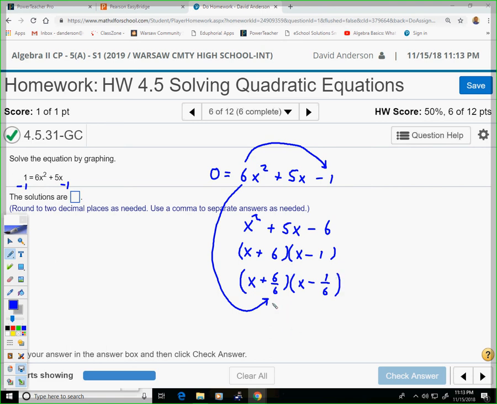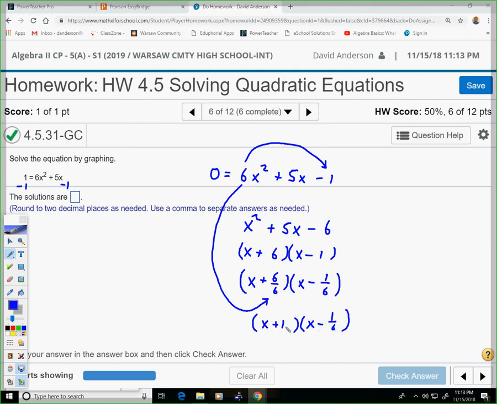Okay, so the next step is, if you can simplify the fraction, simplify it. Well, 6 divided by 6, that's just 1. So I have x plus 1 here. And I can't simplify this, so this is x minus 1 over 6.